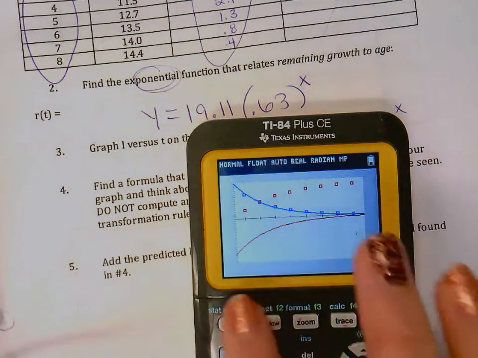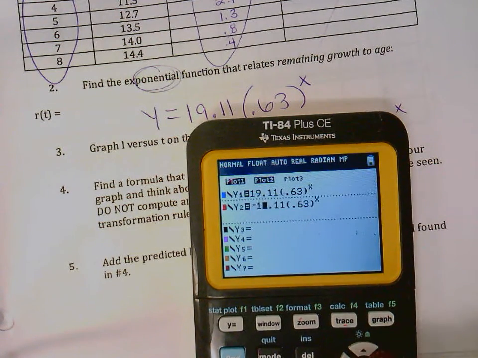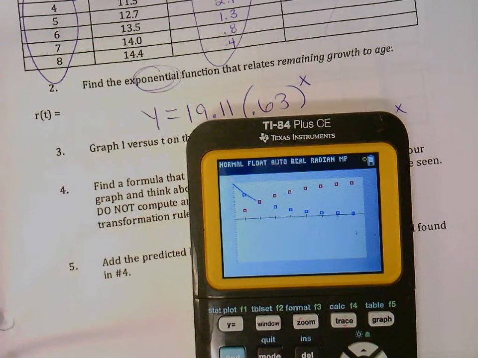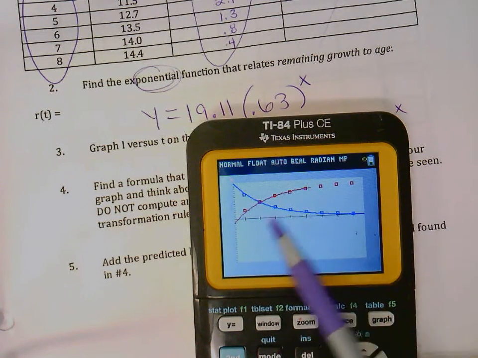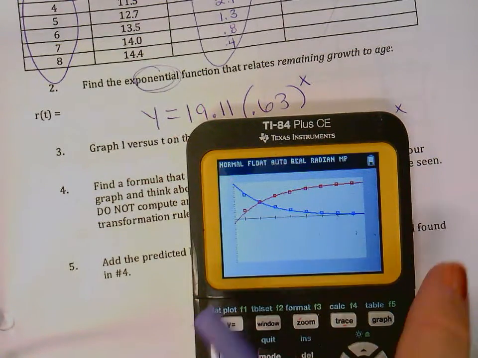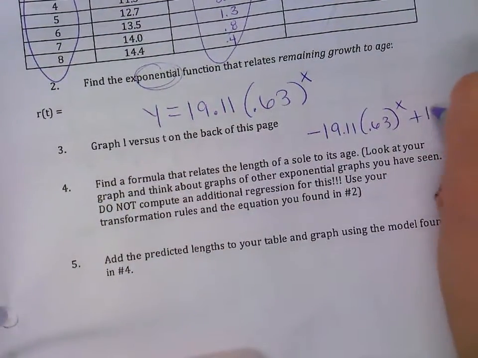I want it to approach 14.8. So if I transform this up 14.8, then I should have it. So on my computer, on my ship, if I use this function, then whatever I pull out of the water, I measure it, it'll tell me the age of the fish. So I really need to add 14.8.